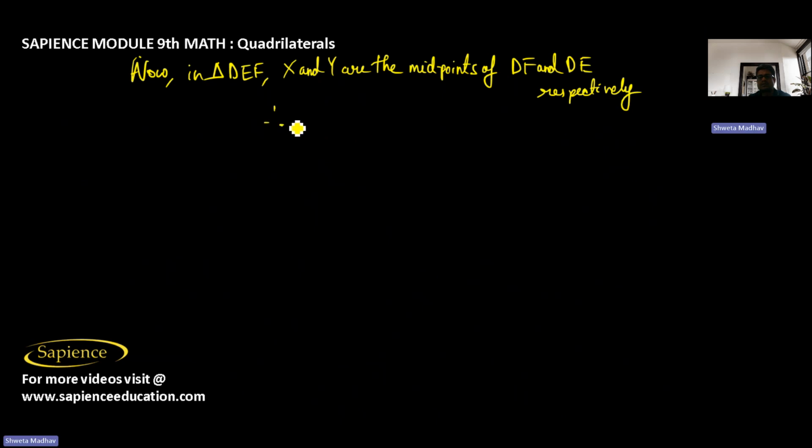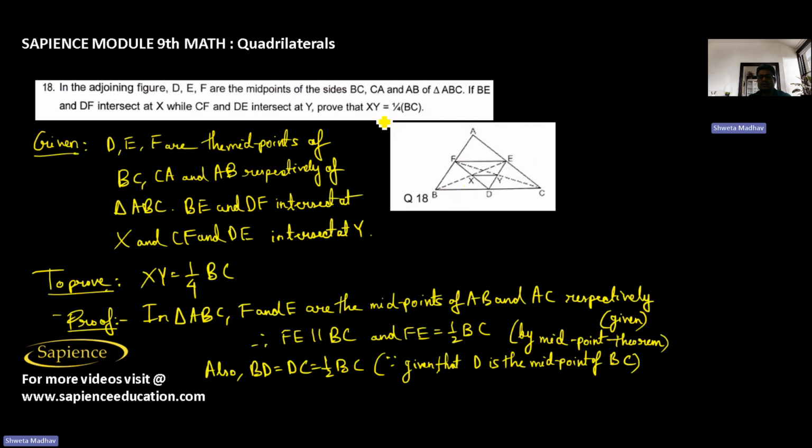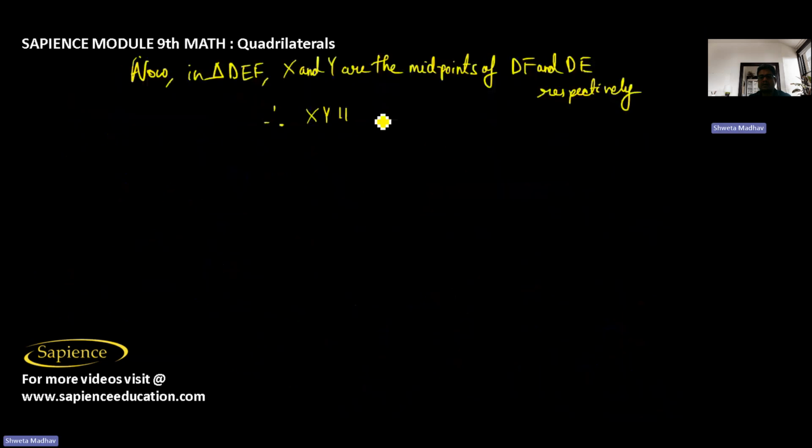So therefore I can say that XY is parallel to FE, and XY equals half of FE.